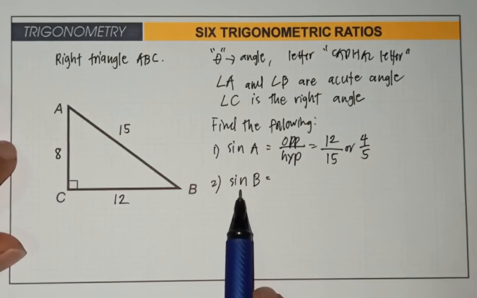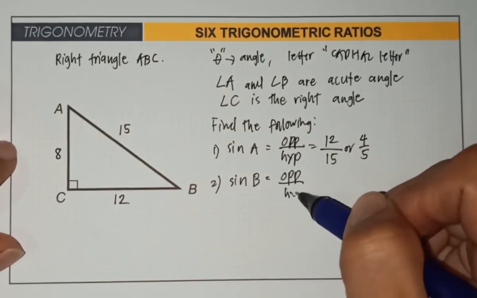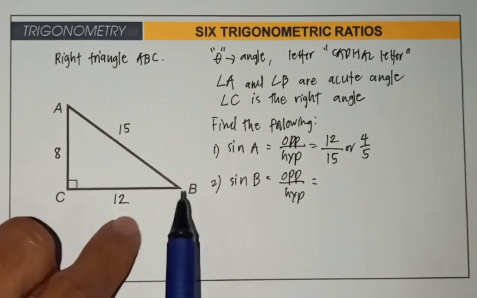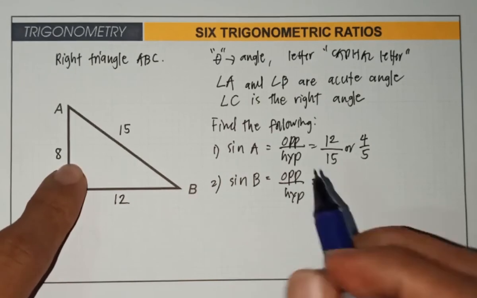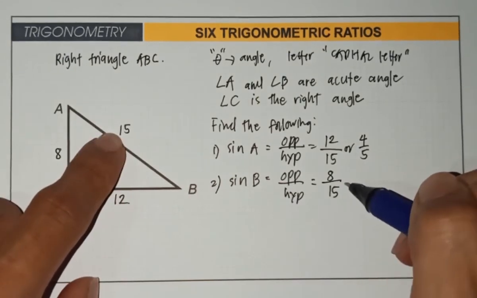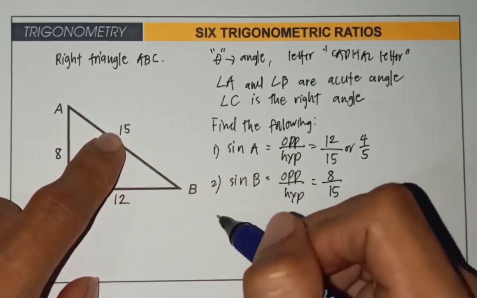Still, the function sine has the ratio of opposite over hypotenuse. But the reference angle is now B. So find a side across from reference angle B, 8, that is opposite, and the hypotenuse is 15. So this is now the ratio of sine B.